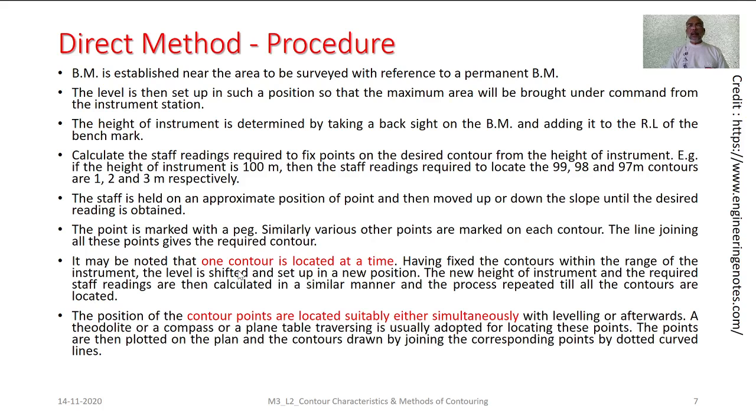It may be noted that the surveying party will be dealing with one contour at a time. Once one contour is plotted and its position is assessed, one can move to the next value from the same instrument station or otherwise a shifted instrument station.